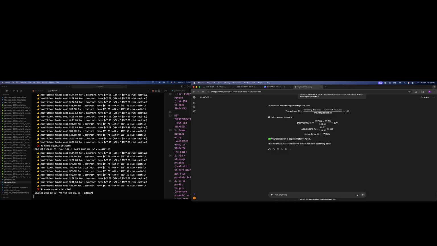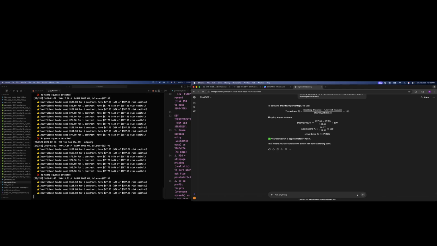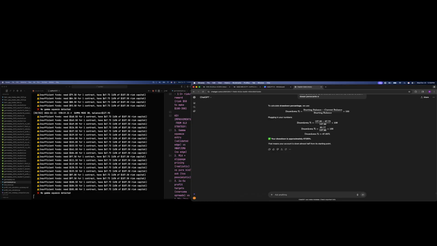We're at 47% drawdown right now. But we see the math, we could do that before. Drawdown percentage equals the starting balance minus the current balance, over the starting balance, multiplied by 100. Okay, I can do that math.